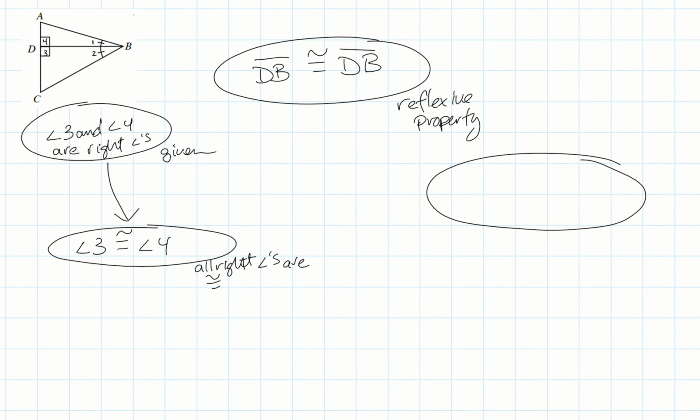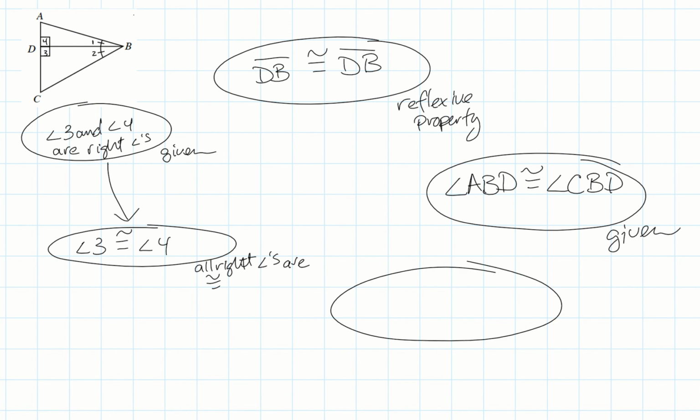Angle 1, the one on top, is angle ABD, and that angle is congruent to the one below, CBD. Because of the tick marks, I can say that's given. It's given that those two are congruent to each other. So you can see the pattern that I have here. We've managed to get the angle side angle pattern.